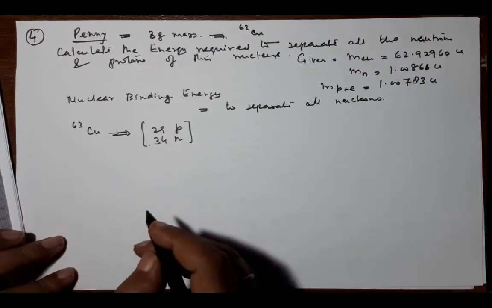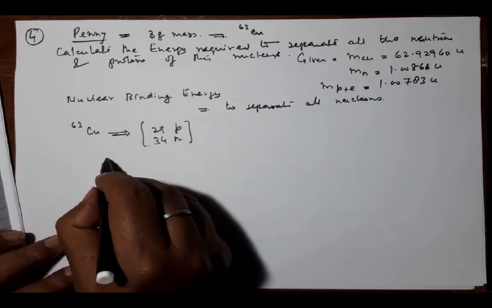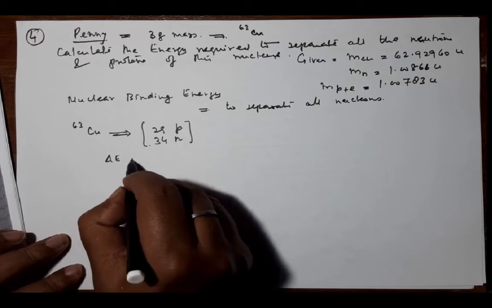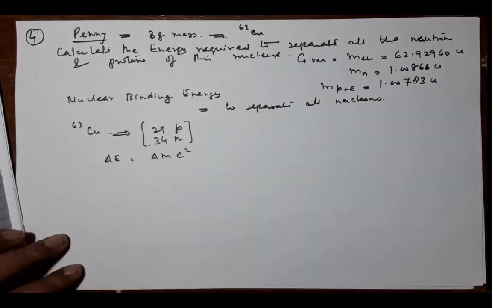So we know delta E is nothing but delta m c square.